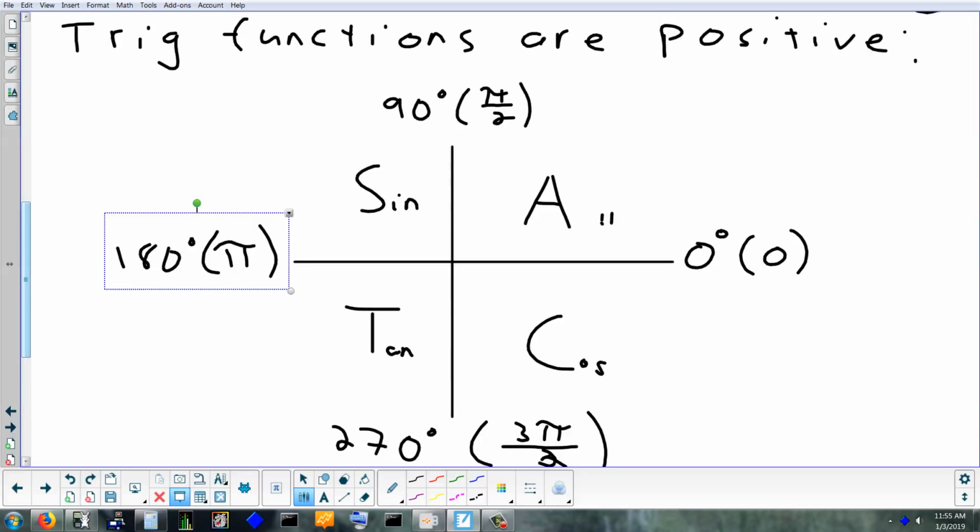So if you said, is the sine of 120 degrees positive or negative? It's positive. How about the tangent of 120? It's negative. In quadrant 3, any angle in quadrant 3, your tangents come out positive. Any angle in quadrant 4, only the cosines come out positive.